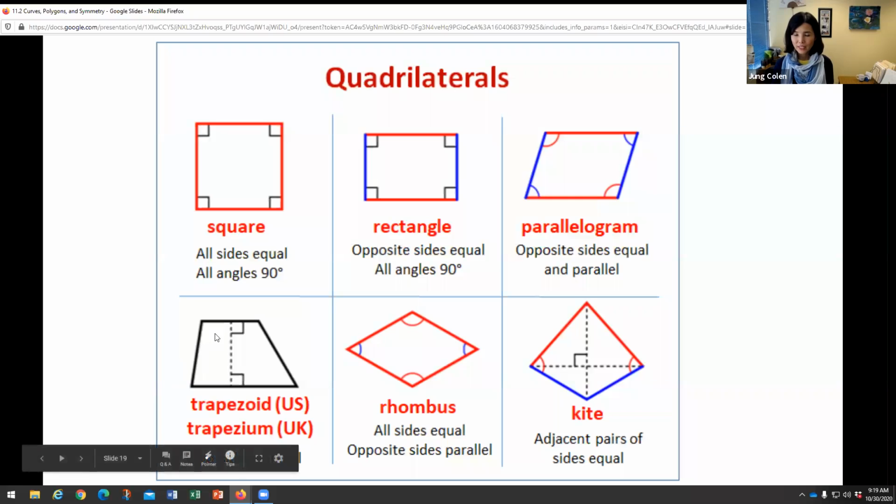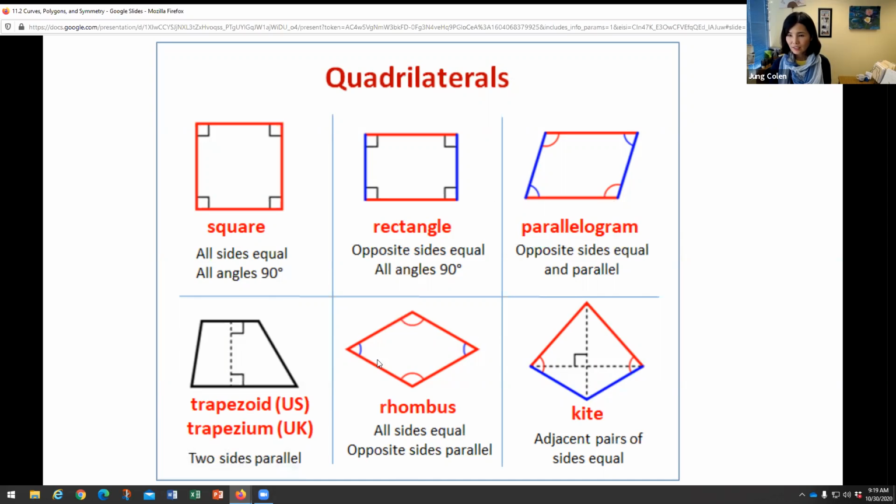To be a trapezoid, at least one pair is parallel. The other doesn't have to be, but if it is parallel, it is a trapezoid, but also a parallelogram. Okay? To be a rhombus, you need to have four equal sides. The angles don't matter, but the sides have to be the same to be a rhombus. But for a rhombus, the opposite angles are congruent.